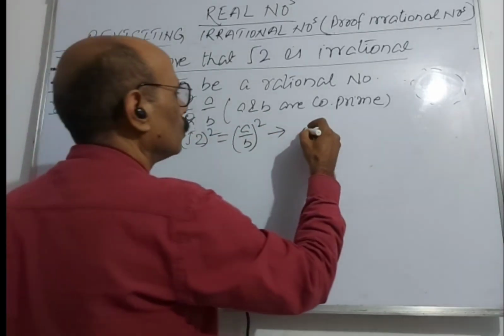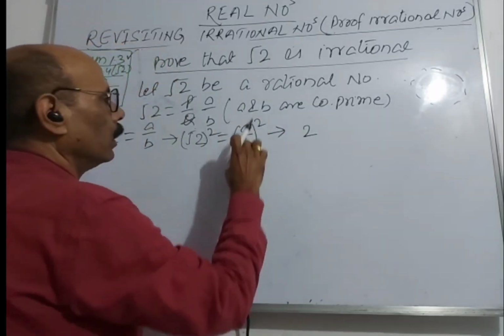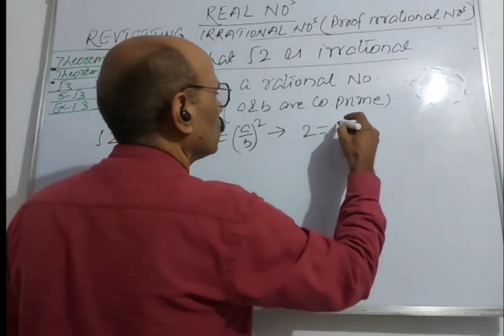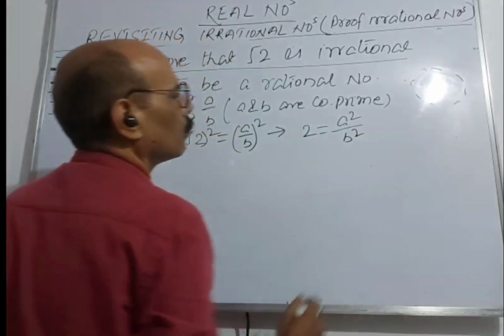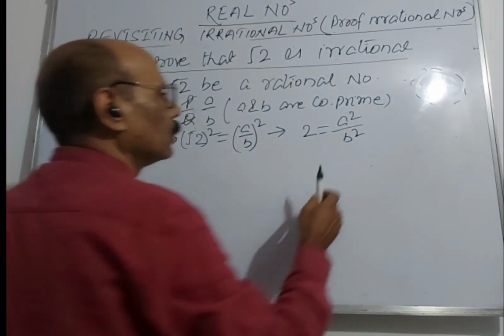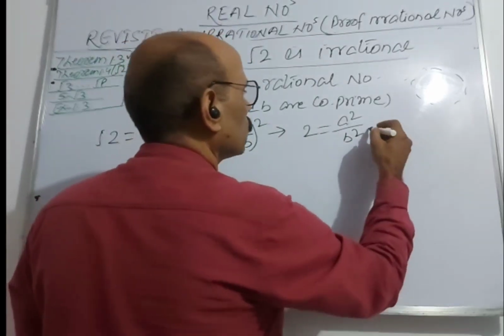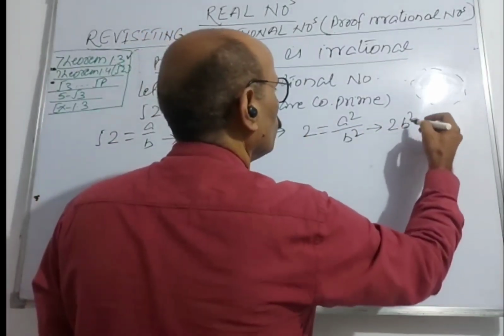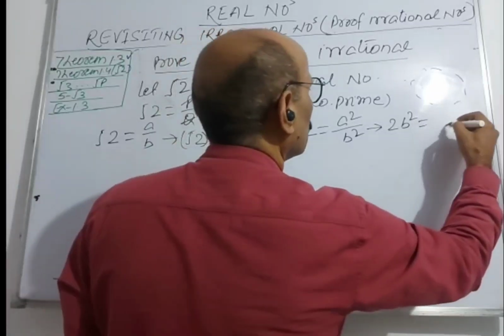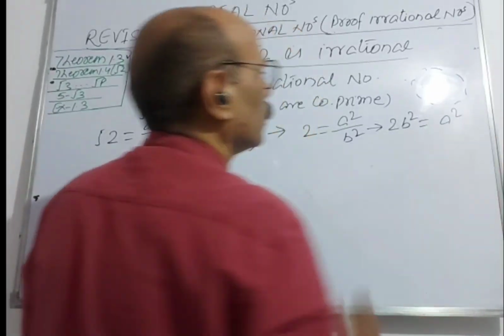Root 2 square means 2, so 2 is equal to a square by b square. Now if you bring b square to this side, this will be 2b square equal to a square.